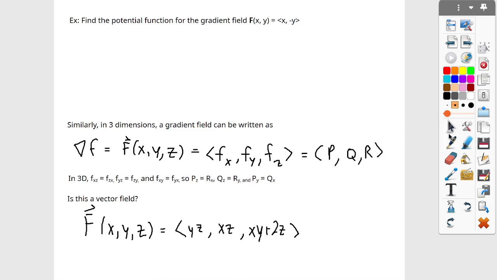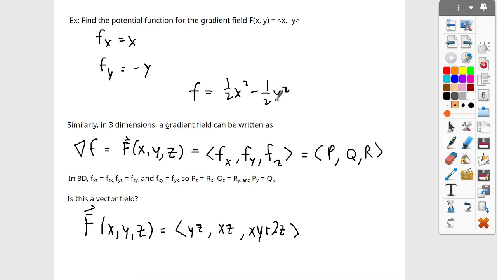We're also worried about things that we treat as constants. So what does that mean? That means that f sub x is x and f sub y is negative y. However, in our original function, we could have done f is equal to, let's say, 1/2 x squared minus 1/2 y squared.